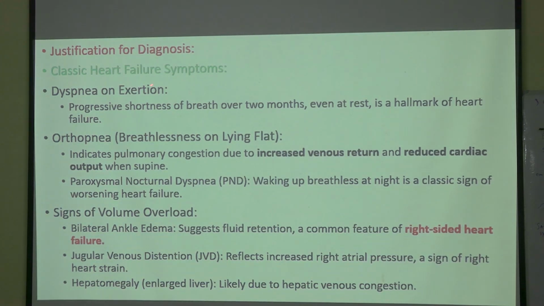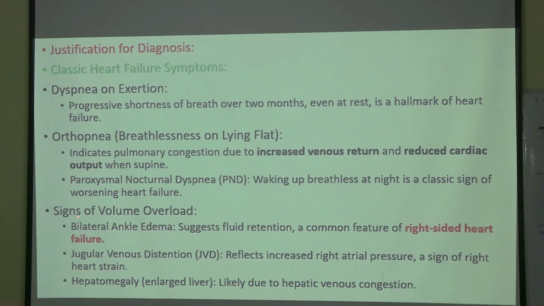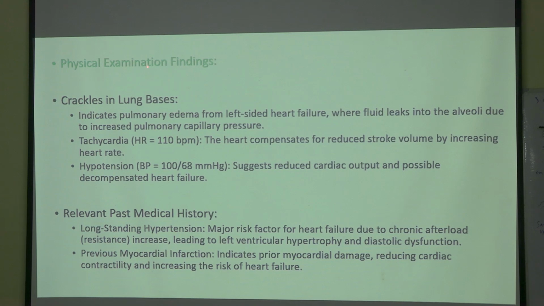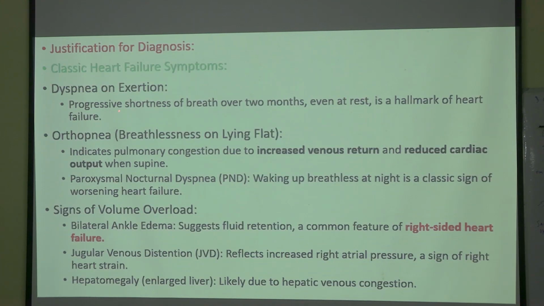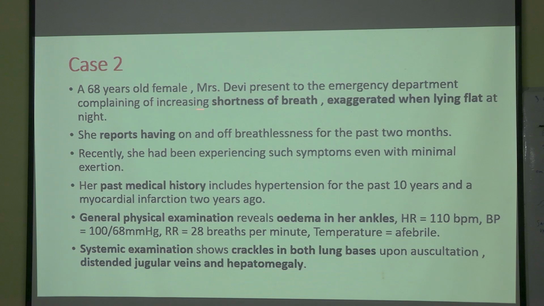Yes, these are classical symptoms: dyspnea on exertion, then breathlessness, then volume overload. Along with this, some physical findings also correlate with the diagnosis. Now see, the case mentions increasing shortness of breath.